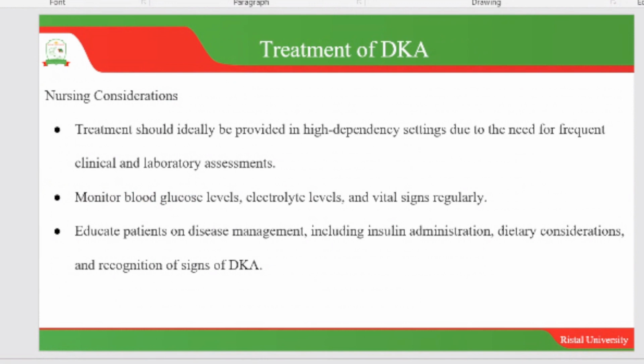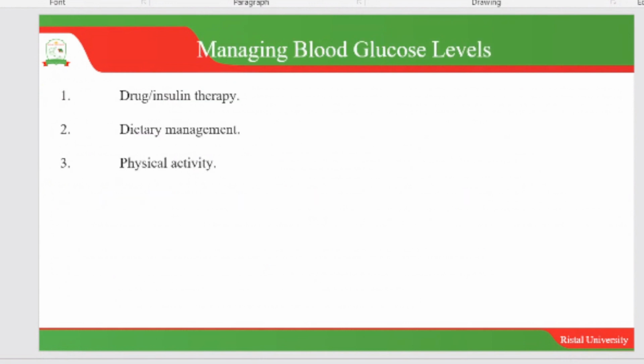So the signs and symptoms are monitored closely, and the laboratory assessments are carried out frequently to make sure that they are in a stable state. Then monitor blood glucose levels, electrolyte levels, and vital signs regularly. Educate patients on disease management, including insulin administration, dietary considerations, and recognition of signs of diabetic ketoacidosis to make sure that the patient can manage himself even if the nurse is far.